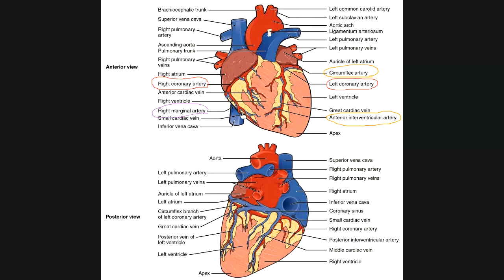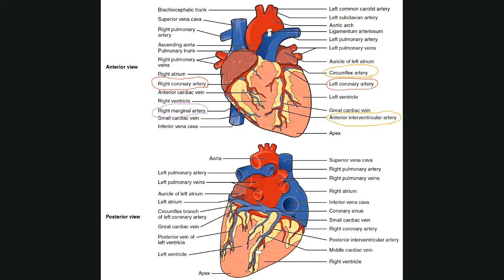And then this right coronary artery turns around the heart and goes to the back of the heart. This is the right coronary artery in the back of the heart. In the back of the heart, it comes to the posterior interventricular sulcus.